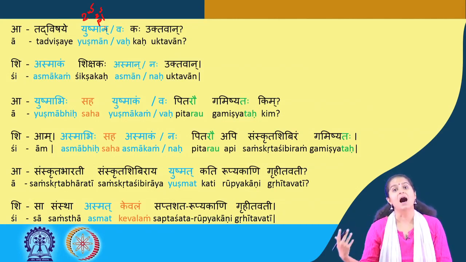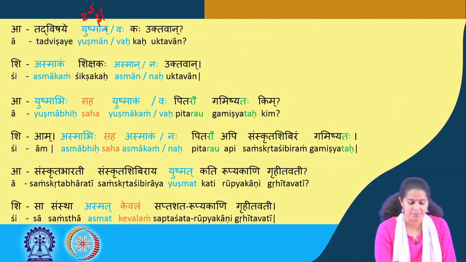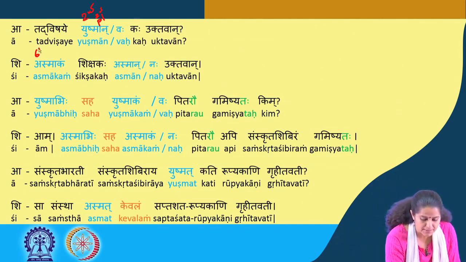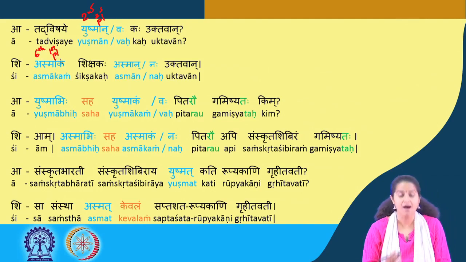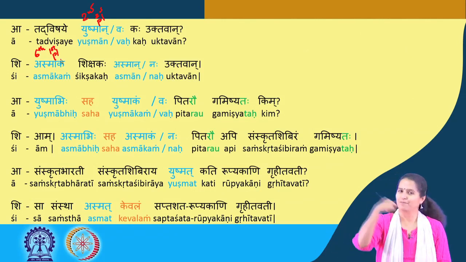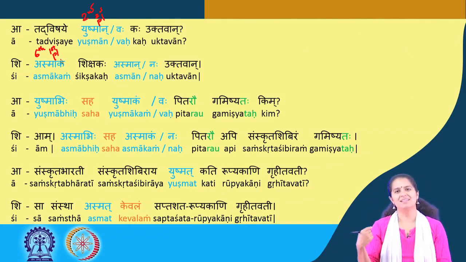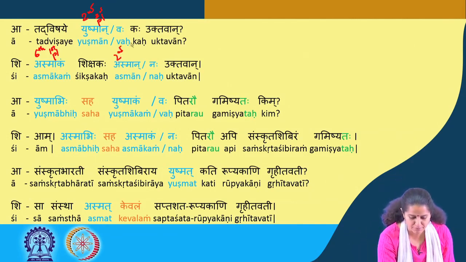So the answer is asmakam, not mama but asmakam, which is the sixth case for the first person plural. Asmakam shikshakaha asman. So yushman for you, and for us in the second case it is asman. So this is the second case for the first person plural.